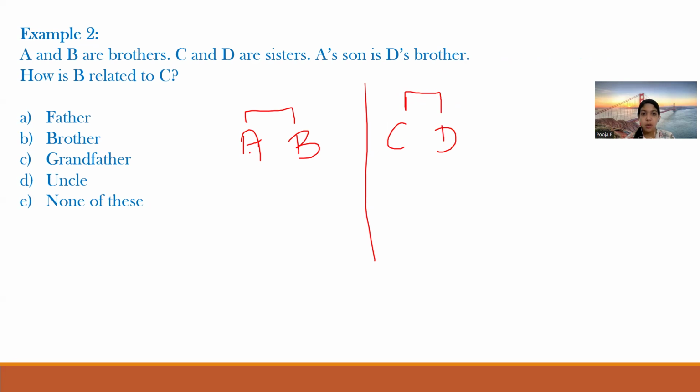All right, so A's son is D's brother. When you put a hierarchy, you will get A. A has a son, and this son is none other than the brother of D. And D has a sister, C. A has a brother, B. So all of you are clear till this hierarchy?